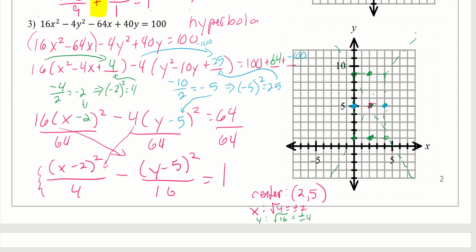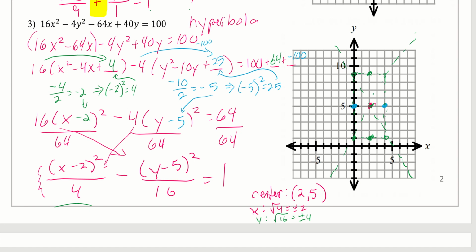Now, is it up above here like this and down here, or is it the left and right? The way that we know which direction it's going to go is by whoever comes first. So whoever comes first is going to tell me which way it opens. So what do you mean opens? It opens in the x direction.